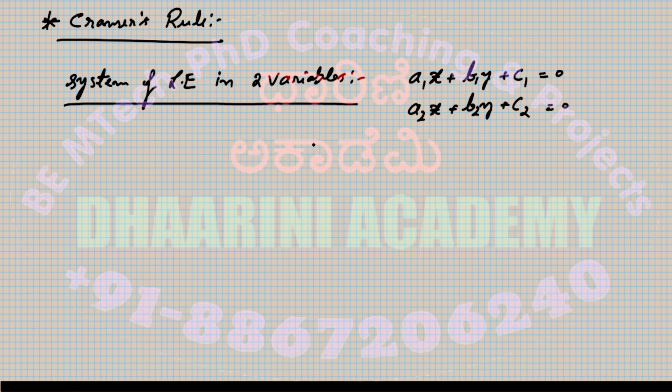There is a condition that a1 divided by a2 should not be equal to b1 by b2. If they are equal, then you have infinite solutions, depending upon whether c1 and c2 are also the same.